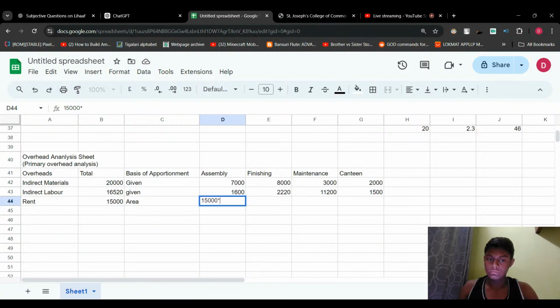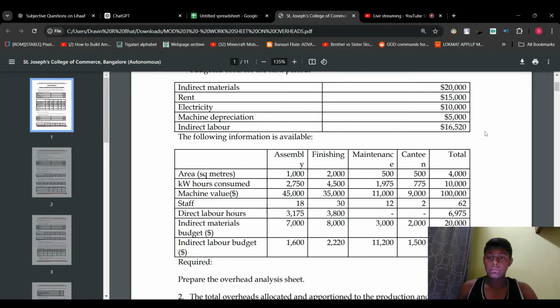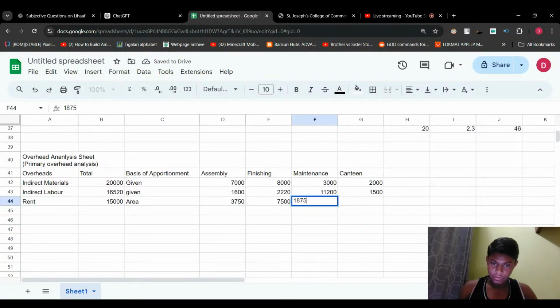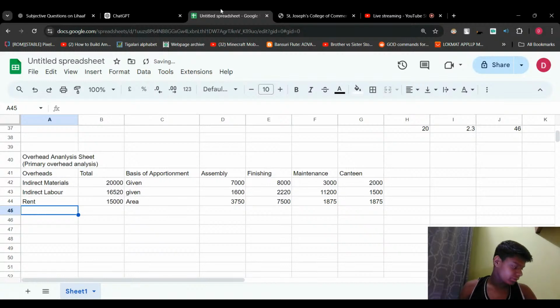That gives 3,750. We do the exact same for everything else. 2,000 divided by 4,000 is one half, so 15,000 divided by 2. I calculated all of them over here, but you guys have to sit and calculate it on your own. 1,875, 1,875. That's all. Rent, you understood.